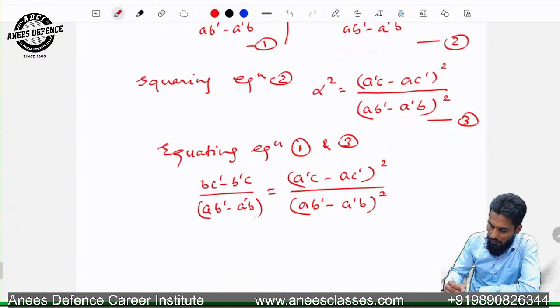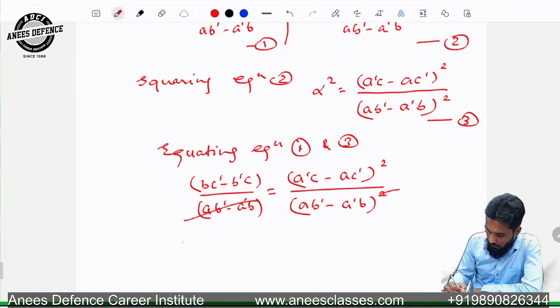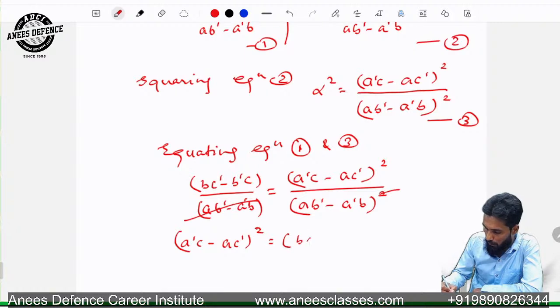So you can cancel one of the denominators with this square, and cross multiplying, you will get a dash c minus a c dash whole square equal to bc dash minus b dash c, multiplied with a b dash minus a dash b.